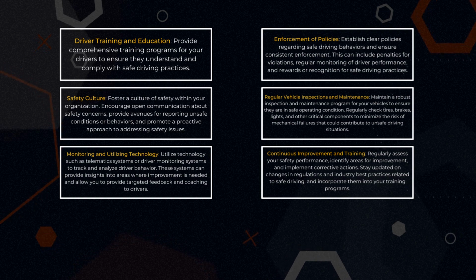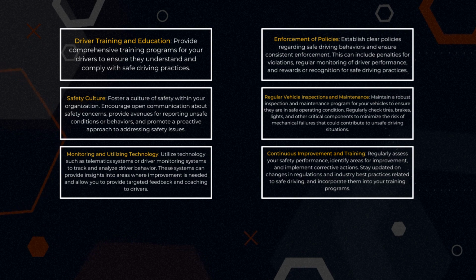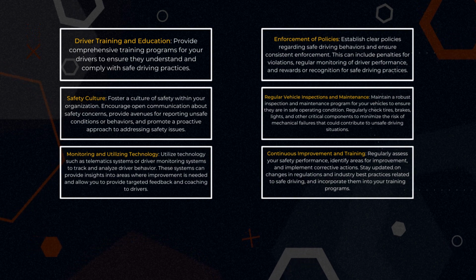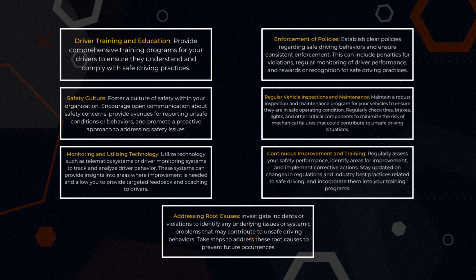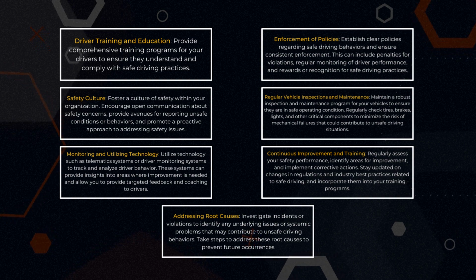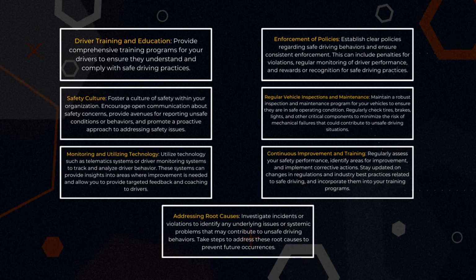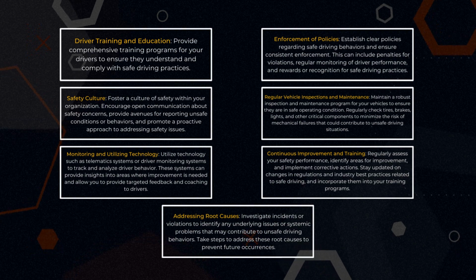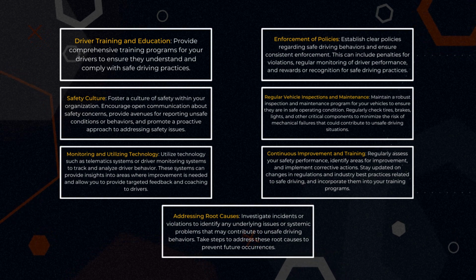Stay updated on changes in regulations and industry best practices related to safe driving, and incorporate them into your training programs. Addressing root causes. Investigate incidents or violations to identify any underlying issues or systemic problems that may contribute to unsafe driving behaviors. Take steps to address these root causes to prevent future occurrences.